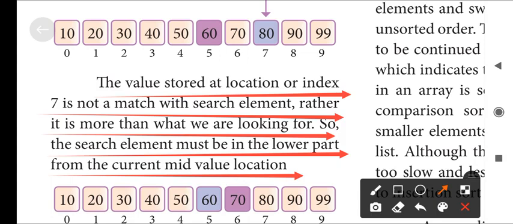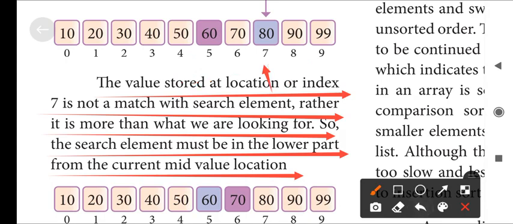Now here we have the mid value. Again we compare it. The condition is, the search element 60 is equal to 80? The condition is false.